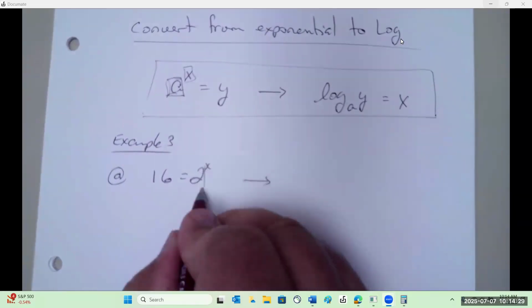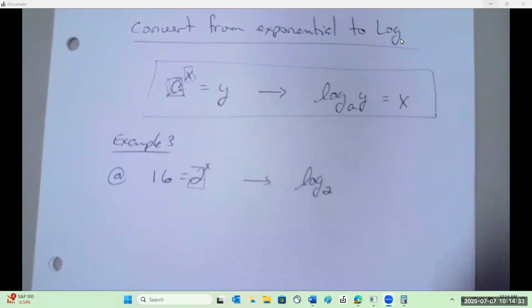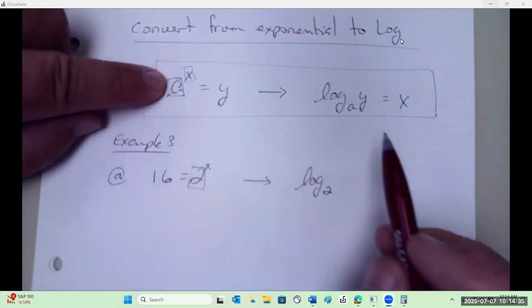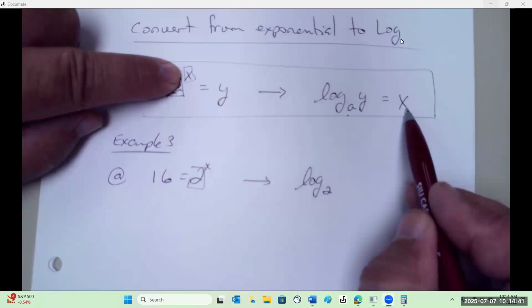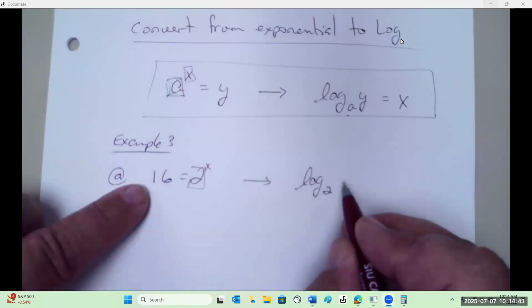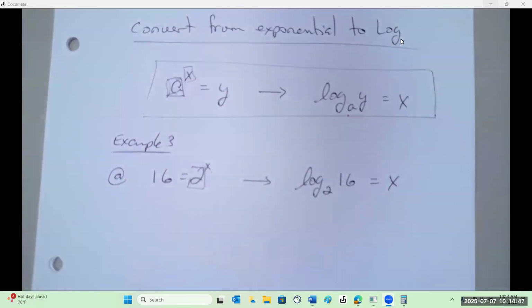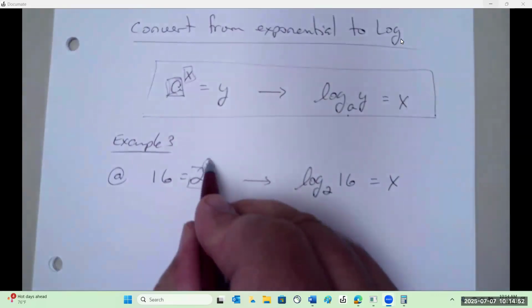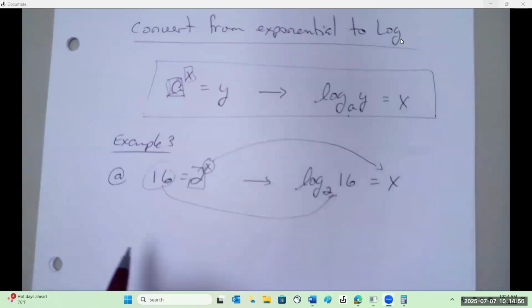So we know we have a base. So it's log base what? So here's the a. That goes there. So the exponent here becomes the answer. So that means this one goes there. So this becomes the answer, and this becomes the operation.